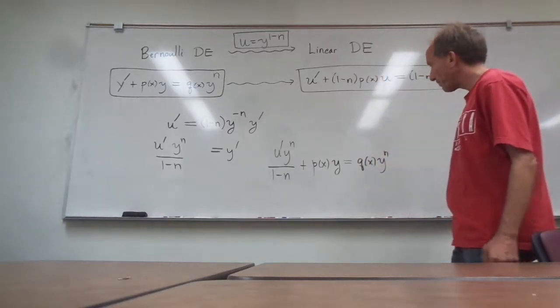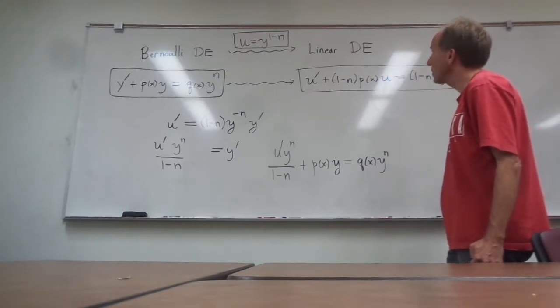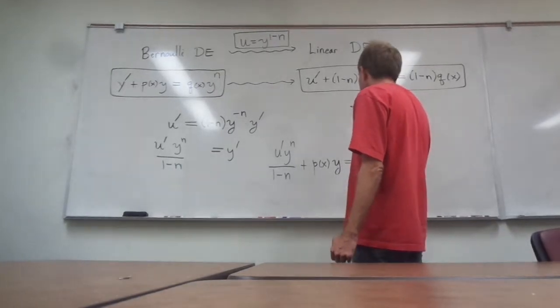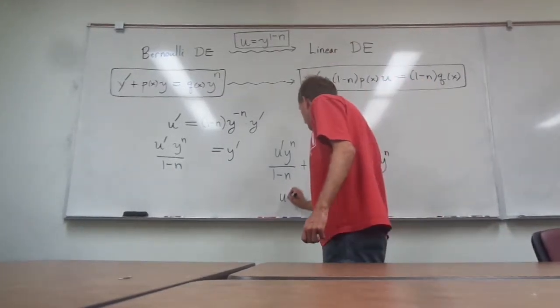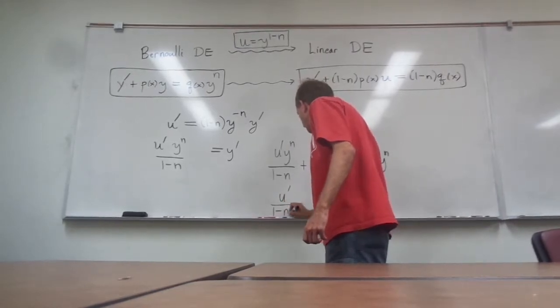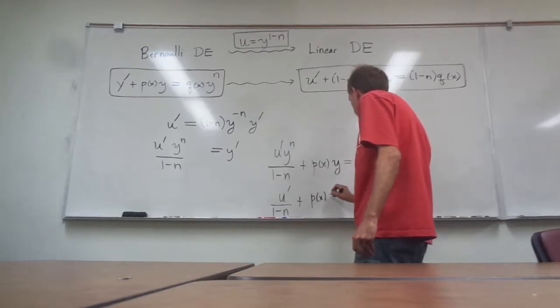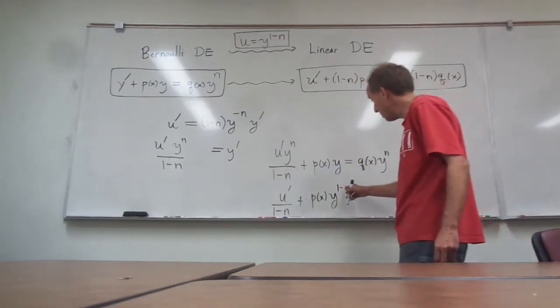All right, and what I can do is I can actually divide through by y to the n. If I divide through by y to the n, I'm going to get the following. P of x. If I divide by y to the n, that's the same as writing y to the 1 minus n power.